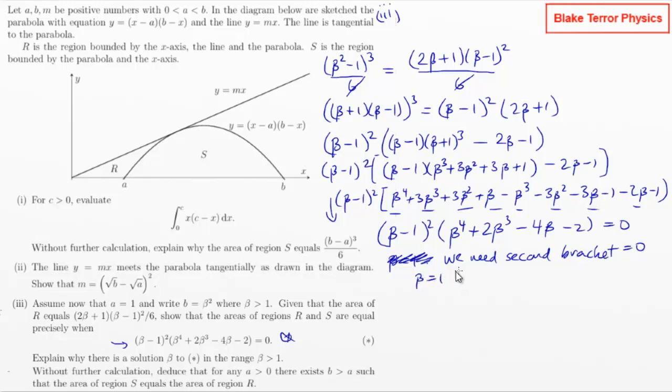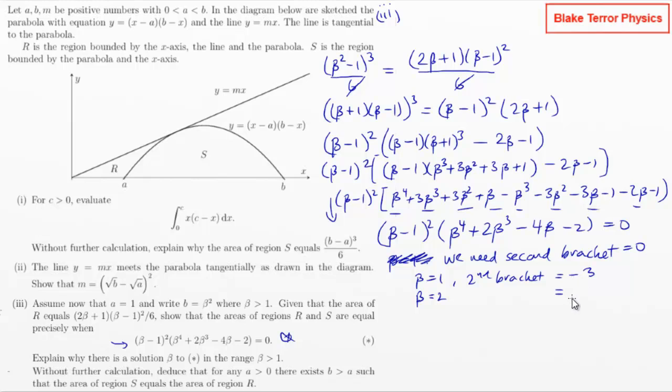So when beta equals 1, the second bracket is going to be what? We got 1 plus 2 is 3 minus 6, minus 3. If beta equals 2, actually we don't need to go up much here, even if we go to 2 it's going to go positive. The second bracket is going to be 16 plus 16 minus 10.